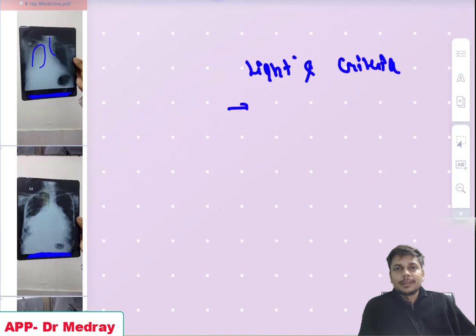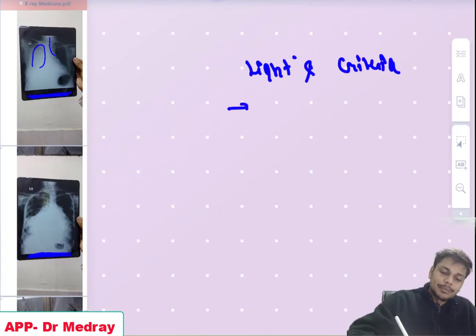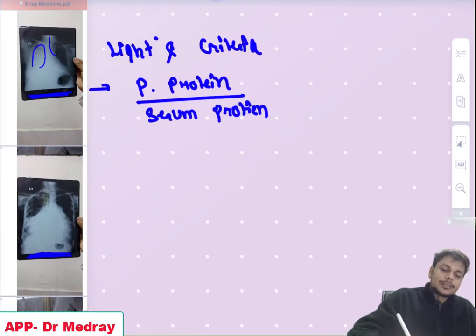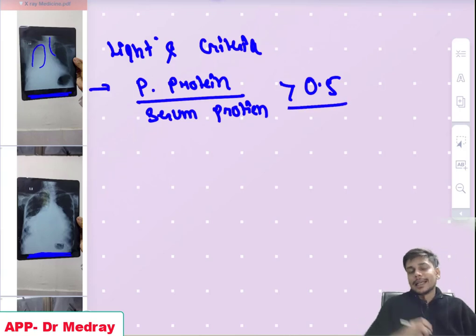We draw the pleural fluid and send it to the lab for examination, and if the pleural fluid protein by serum protein ratio is more than 0.5, then the fluid is exudative.